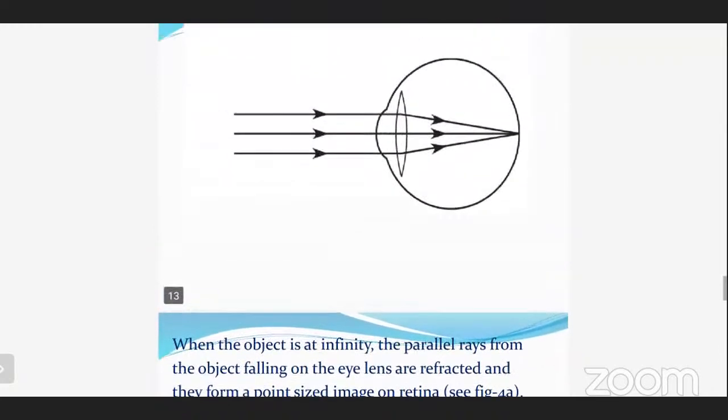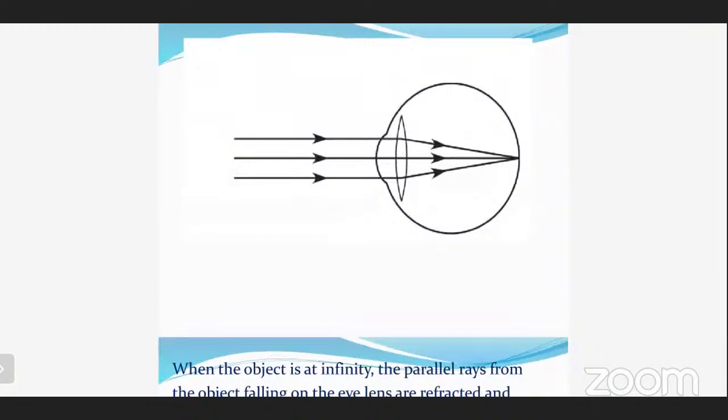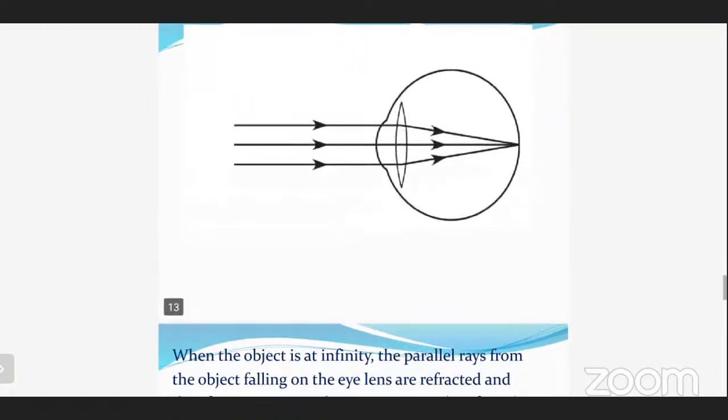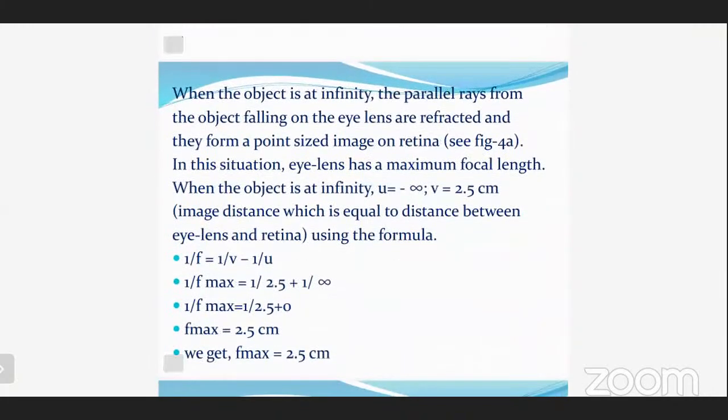Here is a figure related to our eye. The eye is here, this one is the retina, and these are the light rays. Apply the knowledge of image formation from the previous chapter here. When the object is at infinity, where will the image be formed? Yes, at the focal point.